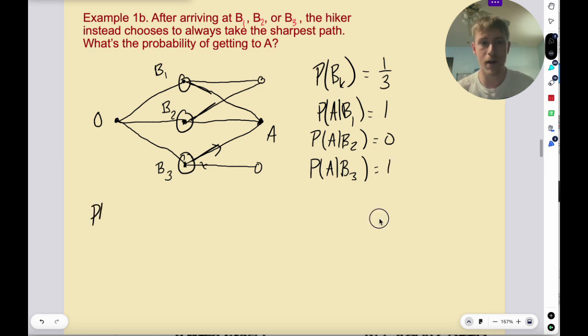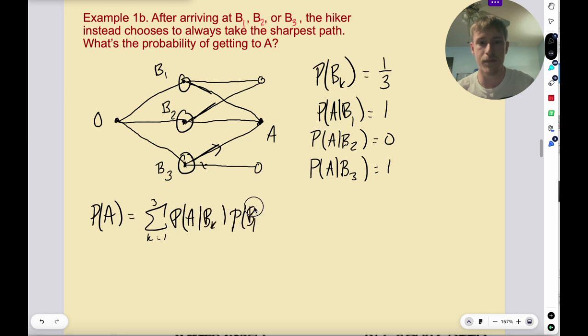So that means that the probability of A is equal to the sum from k equals 1 to 3 of the probability of A given B sub k times the probability of B sub k.